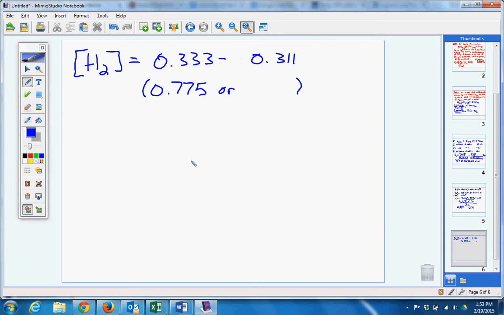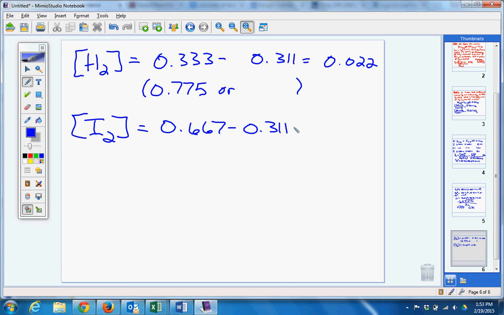All right, and when I do that, I get 0.022. All right? I have to do the other two as well. I can't just not do the other two. 0.667 minus 0.311. No matter what, you cannot change mid-path and start using 0.775.